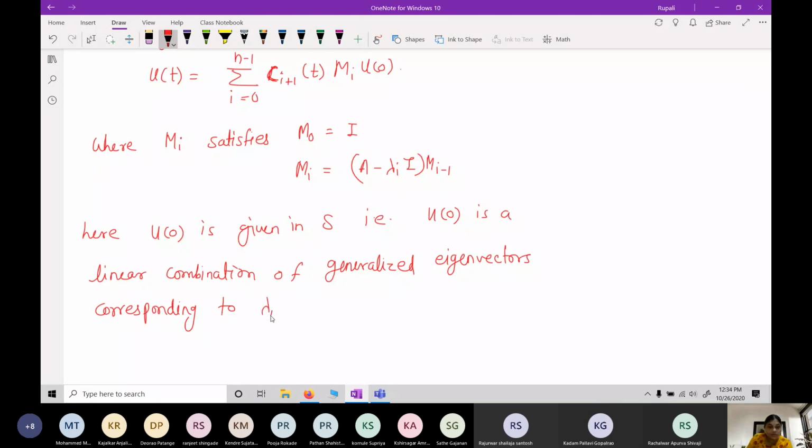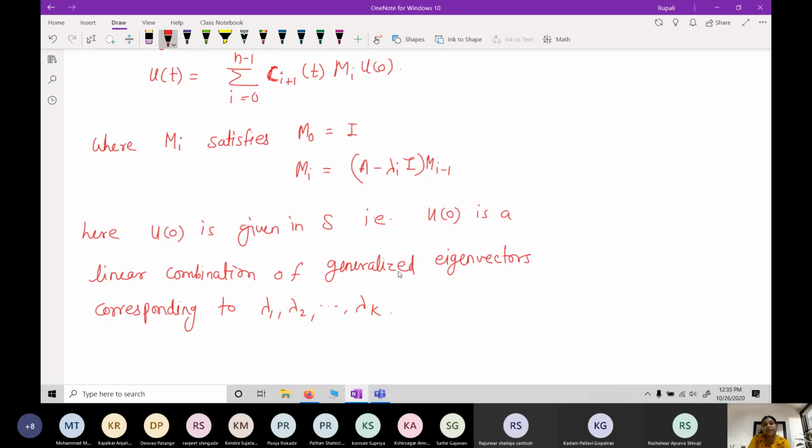Corresponding to eigenvalues lambda 1, lambda 2, up to lambda k. Is that right? What is S? S is the space spanned by generalized eigenvectors corresponding to lambda 1, lambda 2, up to lambda k. Spanned by means every vector will be a linear combination of generalized eigenvectors corresponding to lambda 1, lambda 2, up to lambda k. Is that okay?